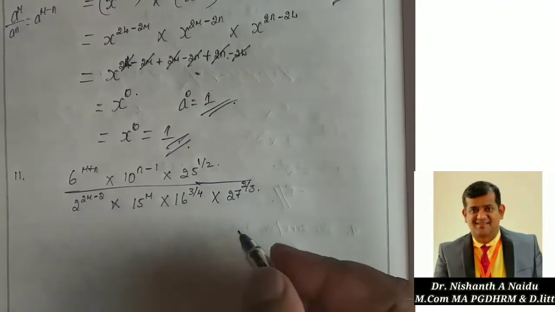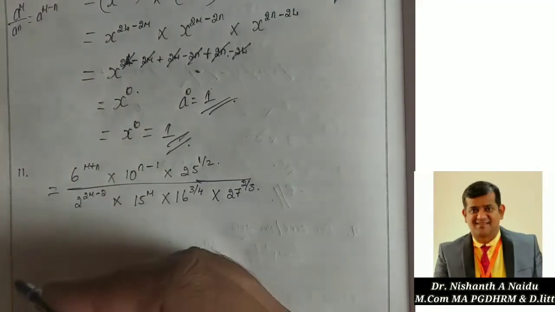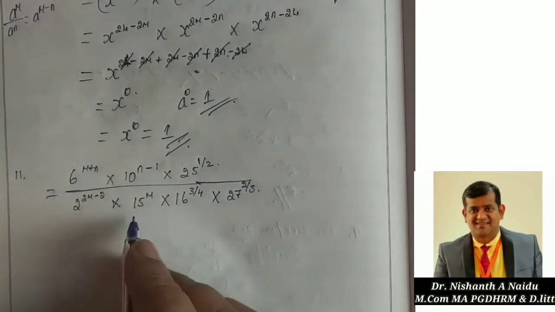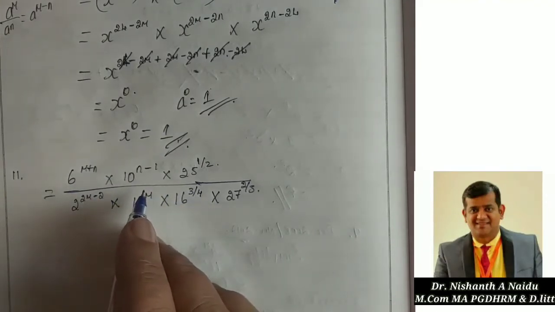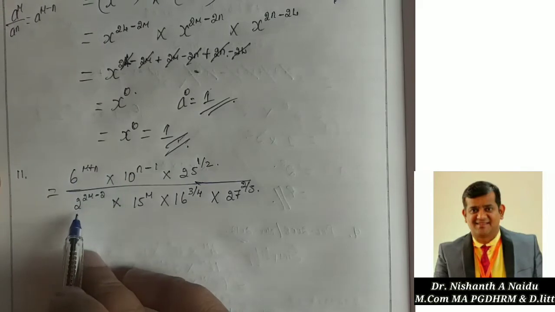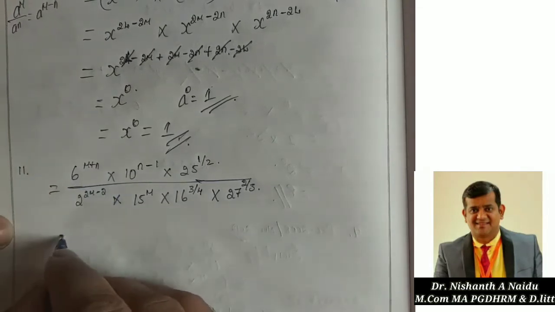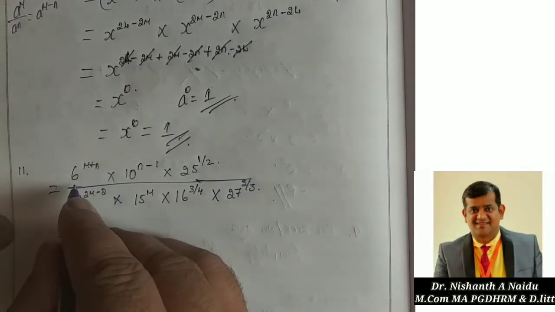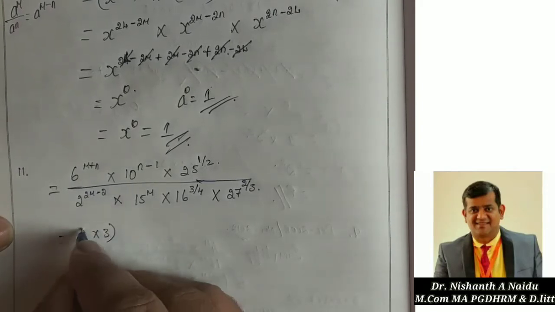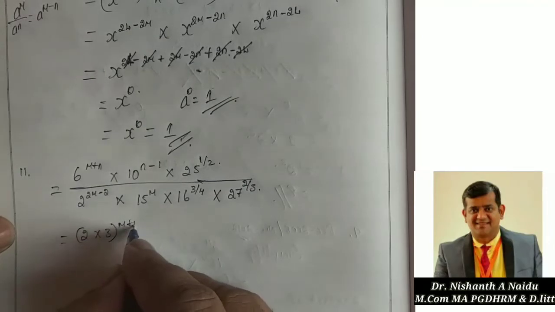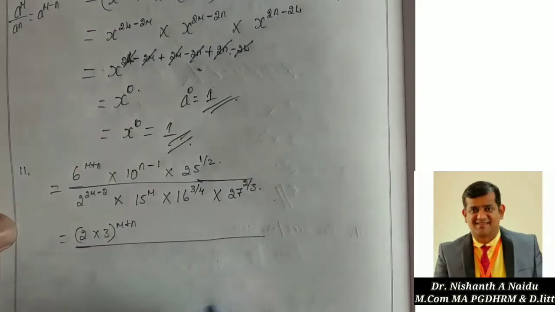So again convert this into a single base which we can cancel, with the common table, so that we have to work on now. So 2 is here, so 2 again I have to match up. 2 1s are 2, 2 2s are 4, 2 3s are 6. So 2 into 3, whole power m plus n. Understood?